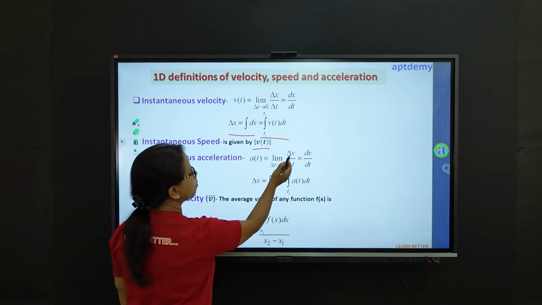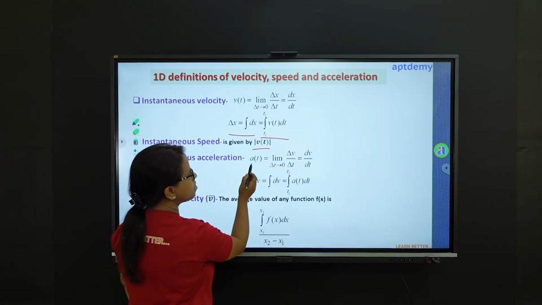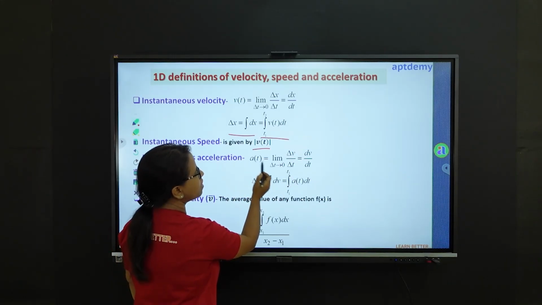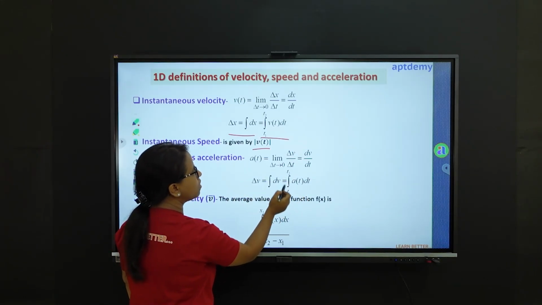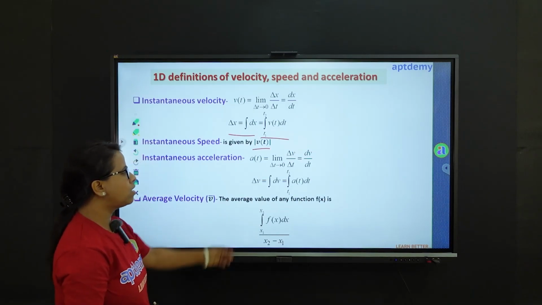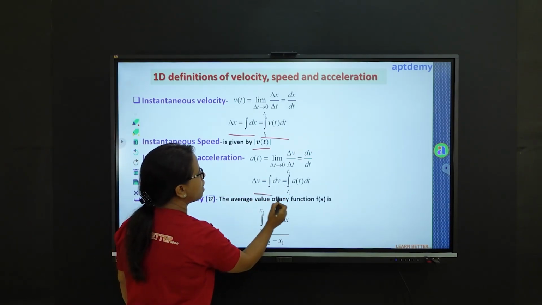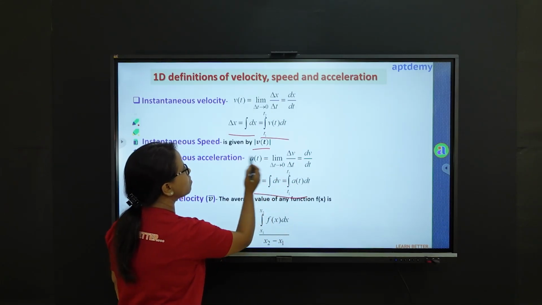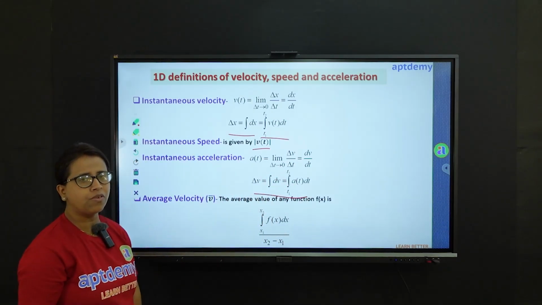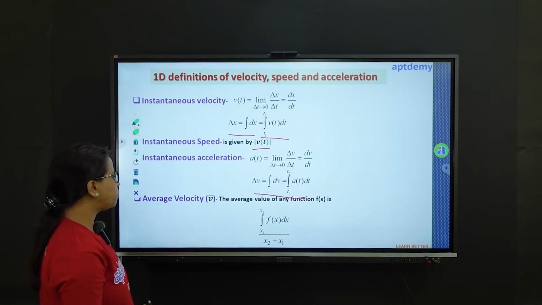From here, delta v can be written as the integration of dv, which is equal to the integration of a(t) dt over the interval t1 to t2.